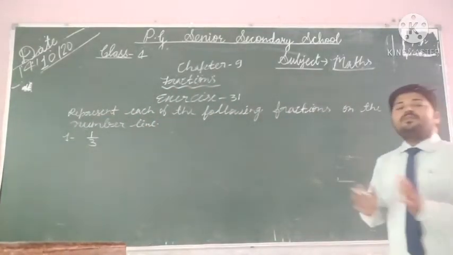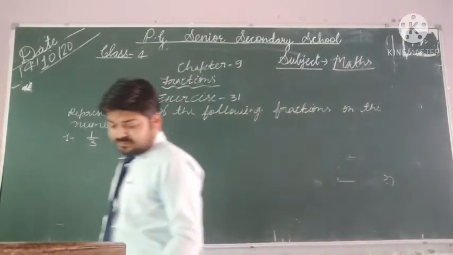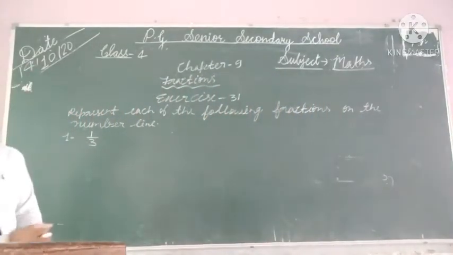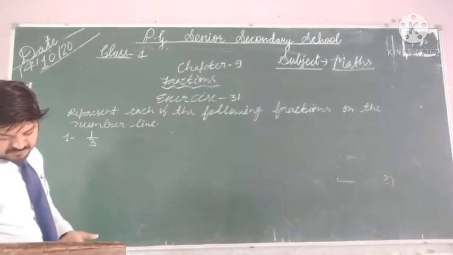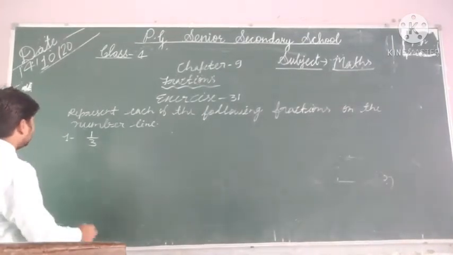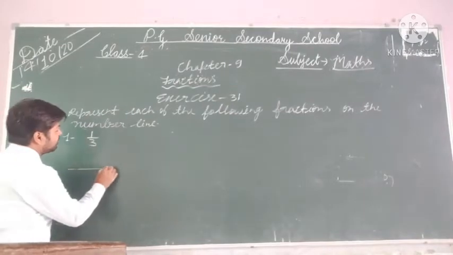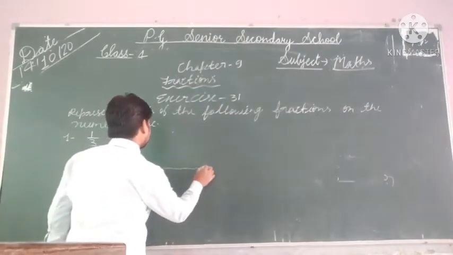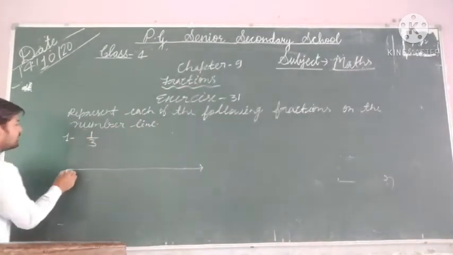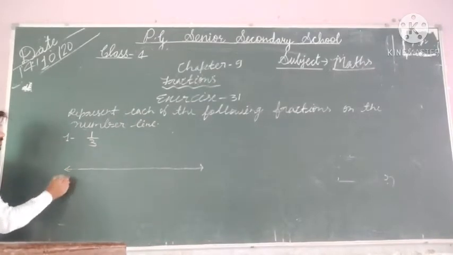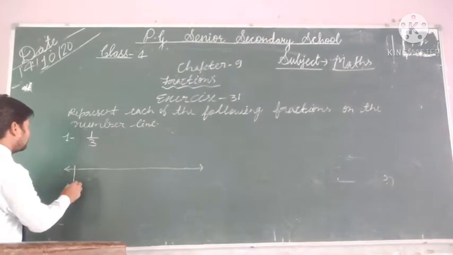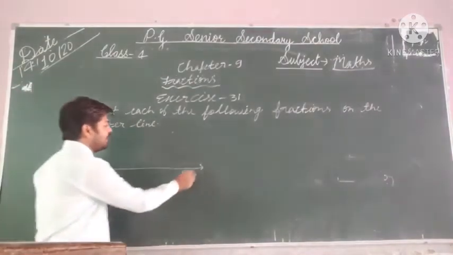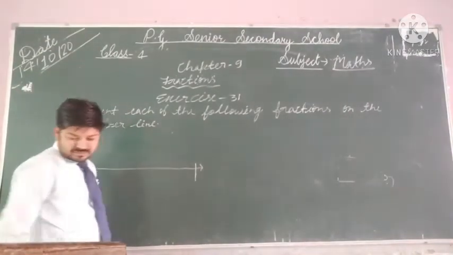Firstly you have to draw a number line. So I am going to draw the number line. This is your number line. Here you have to write x, and here you have to write y.